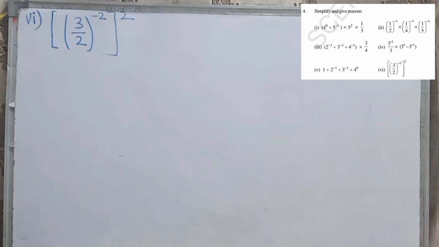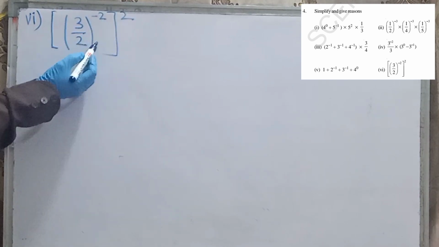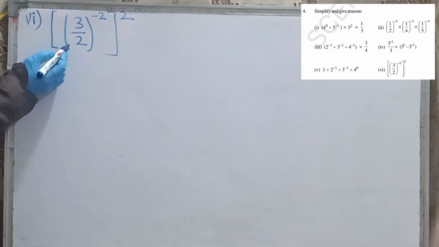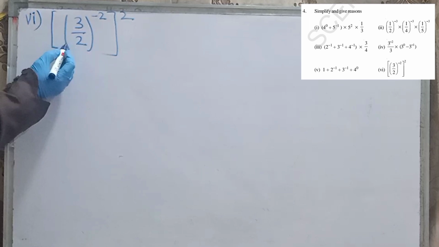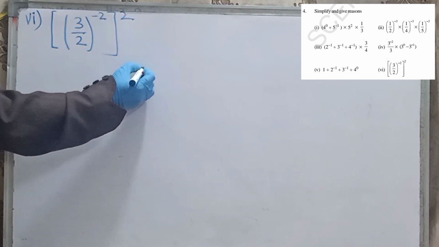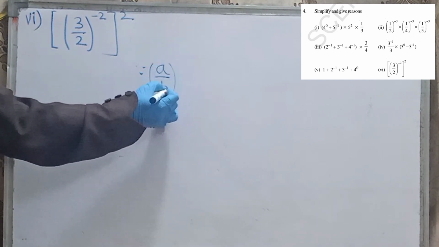Now the next question is (3 by 2 whole power minus 2) whole power 2. So when we see two brackets, what we have to remember is we have to open the inside bracket first. So to open this inside bracket, what is the formula we need? Here, a by b whole power minus m.